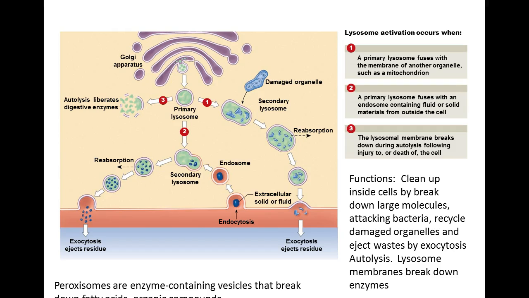When they come in contact with an organelle that needs to be destroyed, because it's damaged, doesn't work, or has lived past its time, then the enzymes in the lysosome become active. These enzymes are so strong that it's not known why they don't even digest the membrane of the lysosome. So these are very strong enzymes.